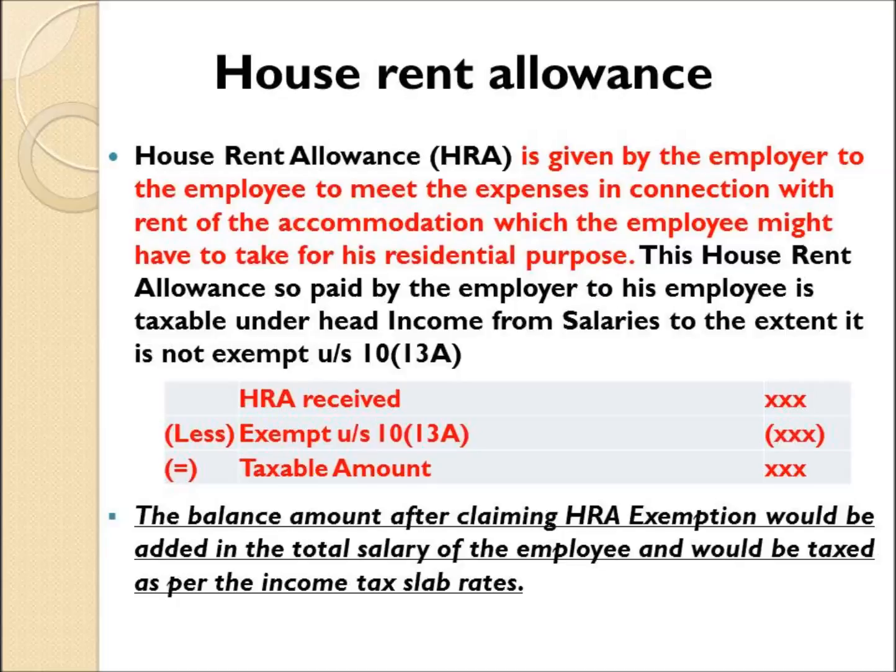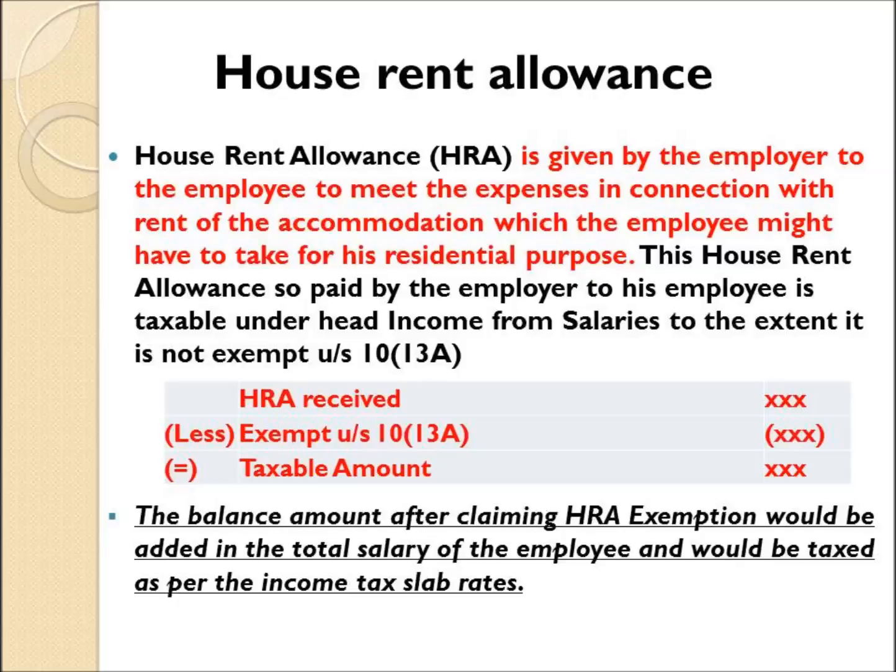For example, I have been employed by an employer in Delhi, and I am not a resident of Delhi, so obviously I will have to shift to Delhi and take some place as my accommodation for my residential purpose and have to bear the rent of that. So the company will provide me with the expenses which I have to expend on the rent of the accommodation which I have taken for my residential purpose in Delhi. So that is what is house rent allowance.